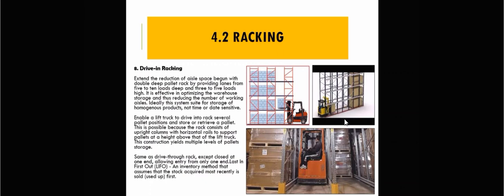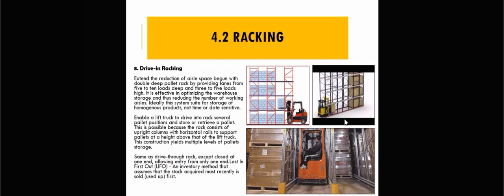Right, so bila kita ada drive-in racking ni, alright, okay, dia akan membantu pengurangan ruang laluan lah, sebab kita letakkan double deep pallet ni, okay, kita masukkan dia ke dalam 5 to 10 loads deep and 3 to 5 loads high, alright, so it is effective.